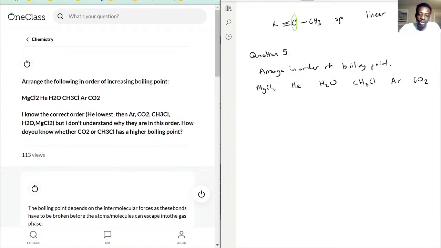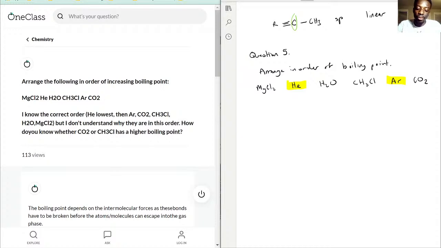The way this one's going to break down is that we want to first separate it based on the type of molecule or atom. Right off the bat, when dealing with atoms, helium and argon, the smaller it is, the lower the boiling point.